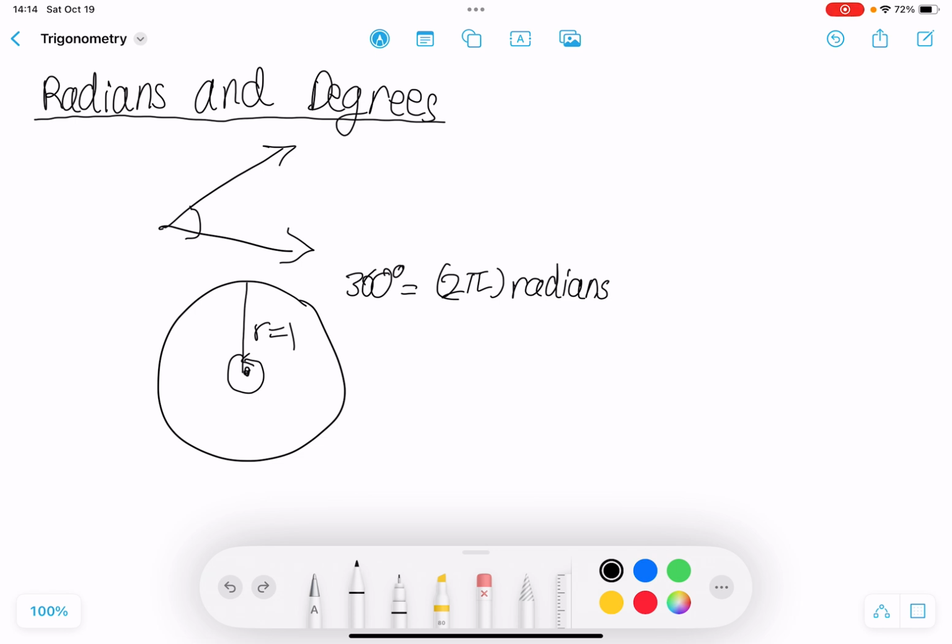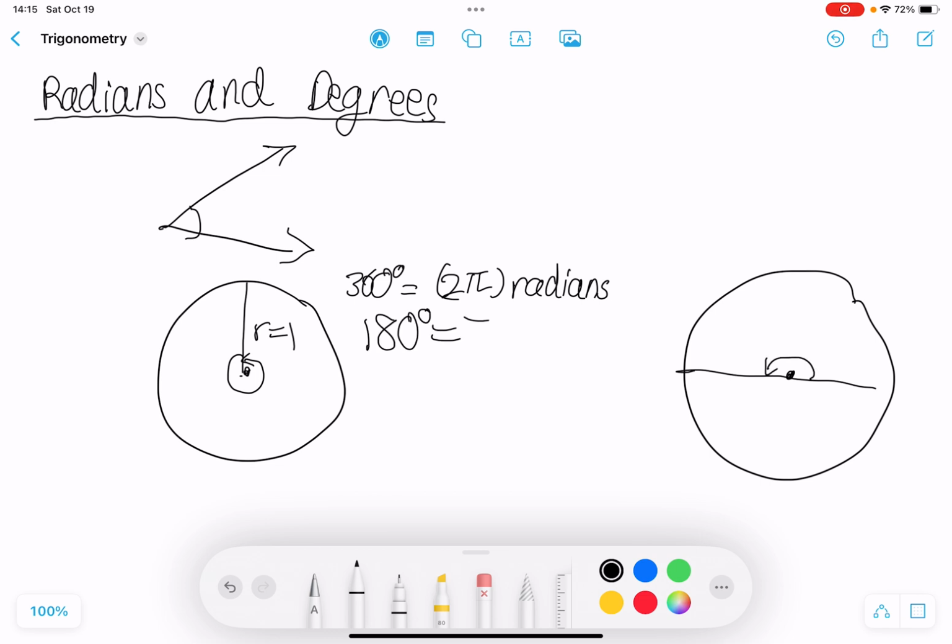Other common values: let me draw another circle. 180 degrees is pi radians. What does this basically mean?